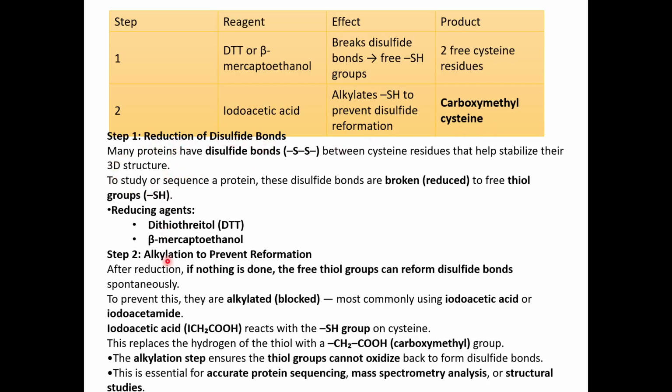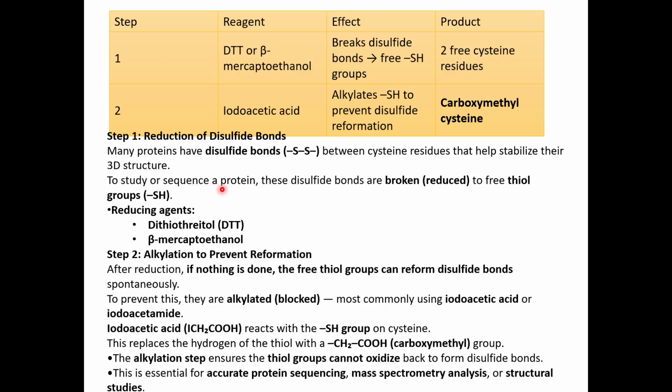So let's go step by step. First, reduction of the disulfide bond occurs. Many proteins have disulfide bonds. Once the peptide is formed, the protein has to attain a certain conformation. These conformations are maintained by different bonds and different interactions, and one of those bonds is the disulfide bond between cysteine residues that helps stabilize the 3D structure.